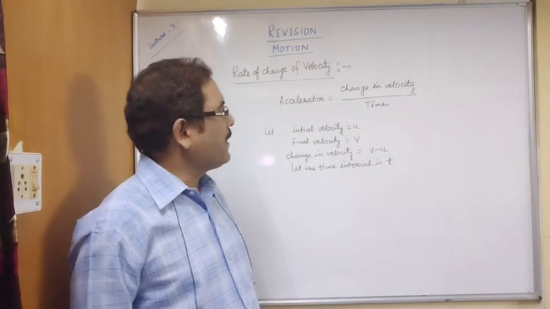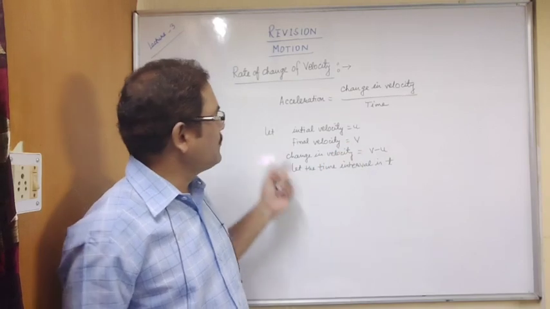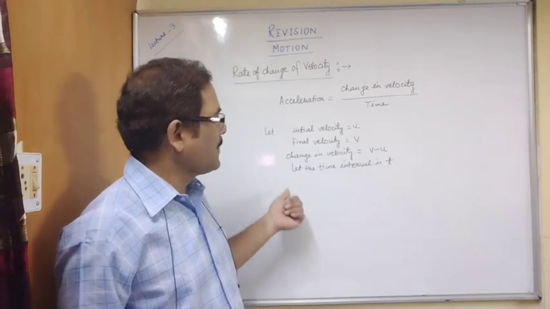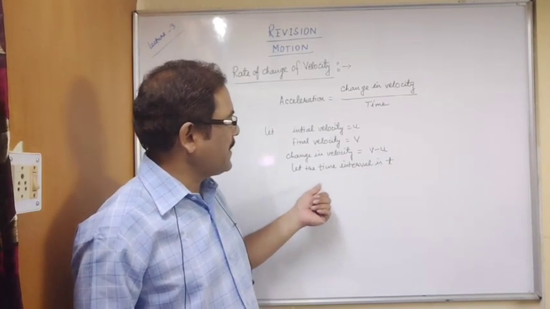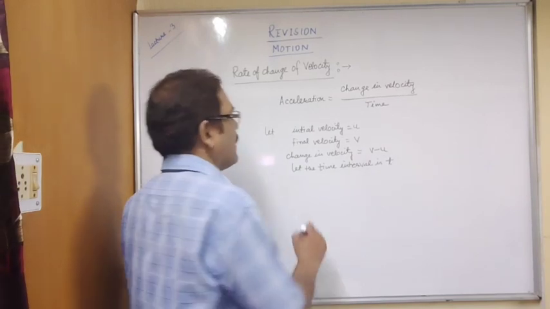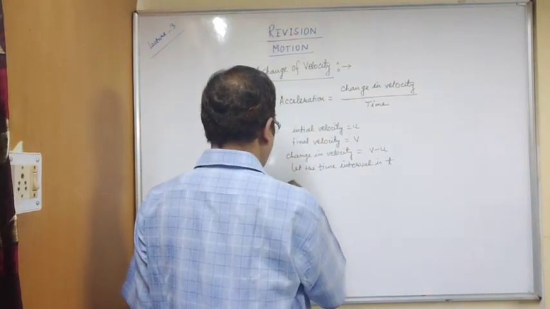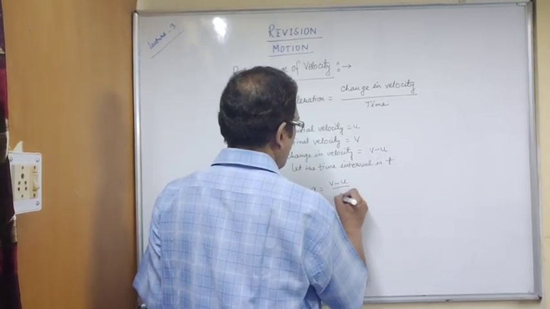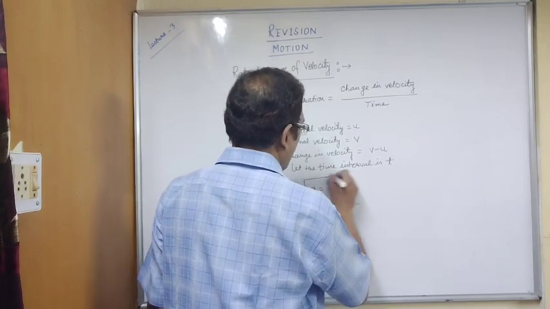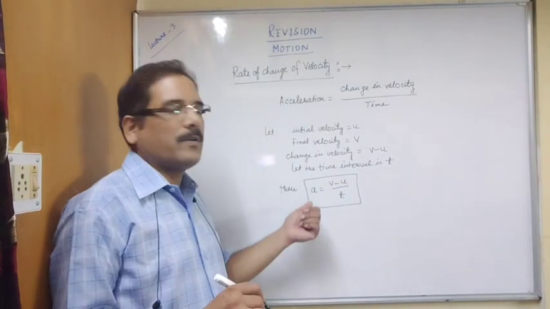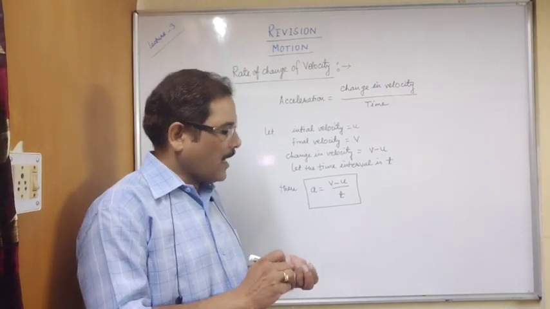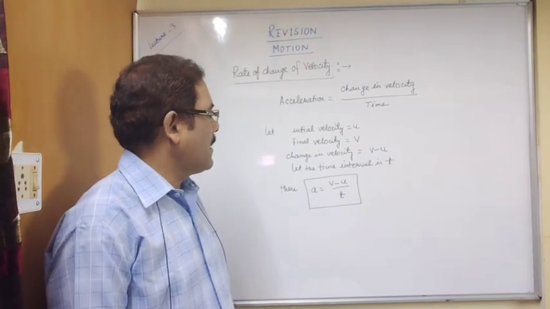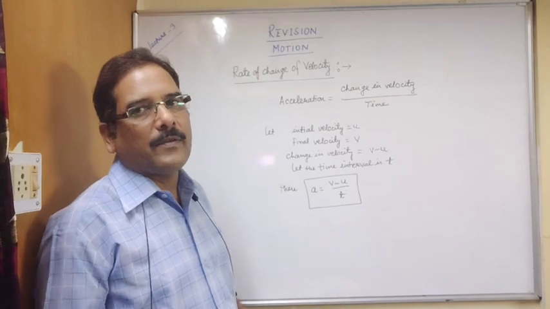Suppose an object is moving so that its initial velocity is u, its final velocity is v, then the change in velocity is v minus u, and let this change in velocity take place in a time interval t. Then for acceleration we can write acceleration a is equal to v minus u by t. The symbol for acceleration, as you know, is small a. So this is again an important formula to find acceleration, and the difference of two velocities will be a velocity.